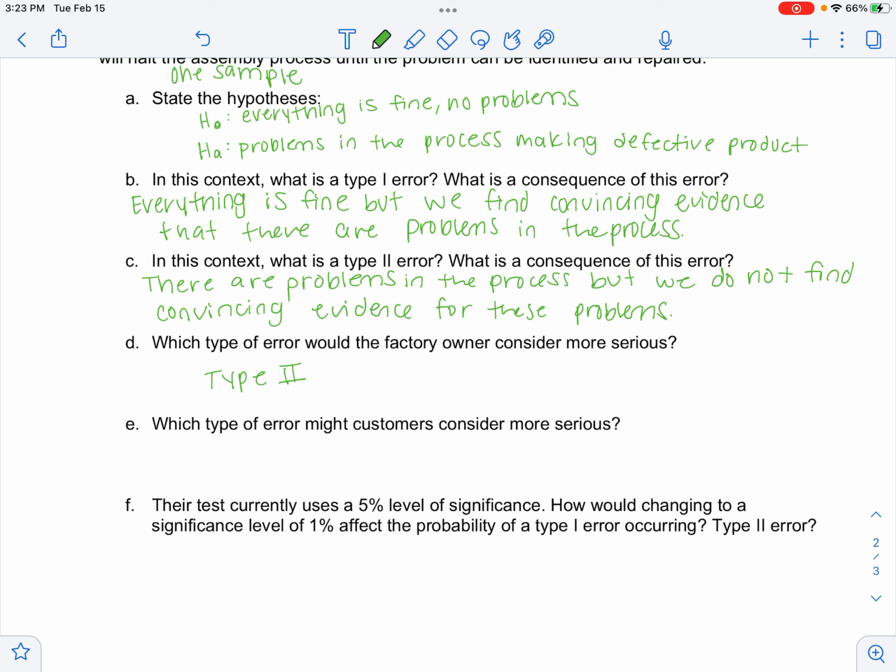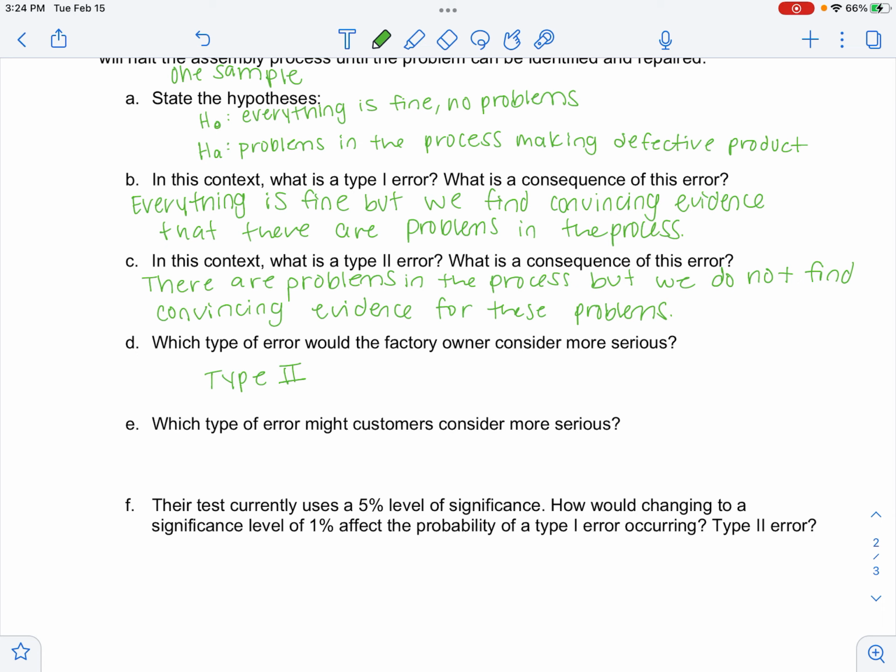But still, they're selling product that is good. So, like, what's worse for your company? Spending money when you don't need to, or not fixing a problem and then selling a bunch of product that is defective? People no longer trust your company. They don't want to buy your products anymore. People stop buying your products, so you have even less money, and it's a whole cycle. So I think type 2 is worse.